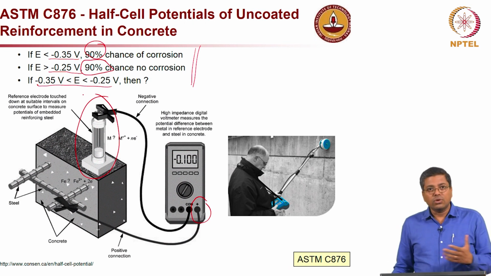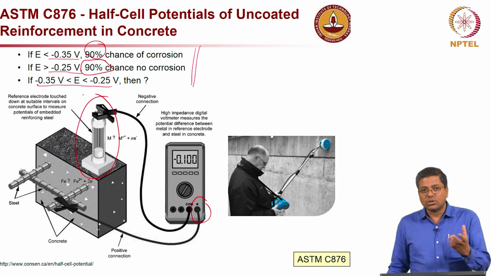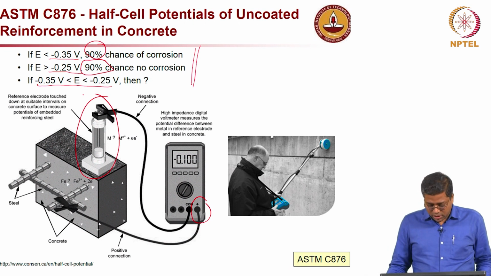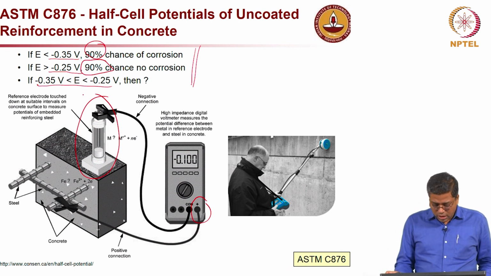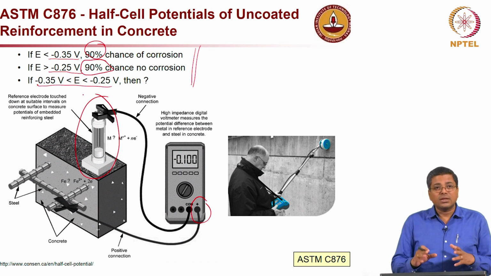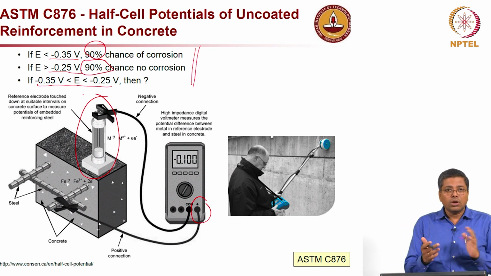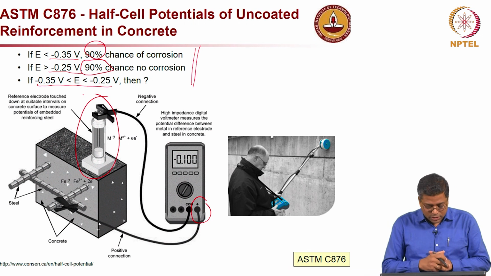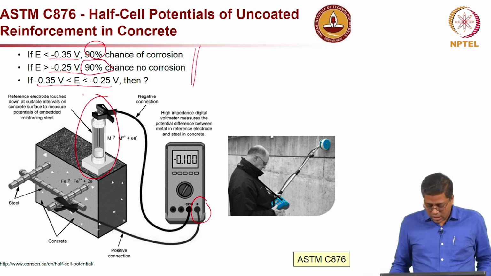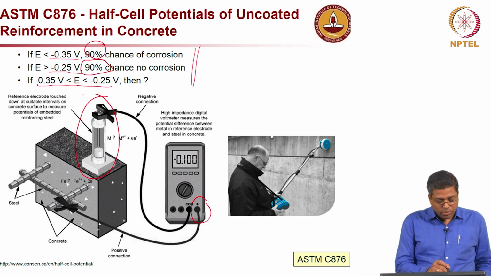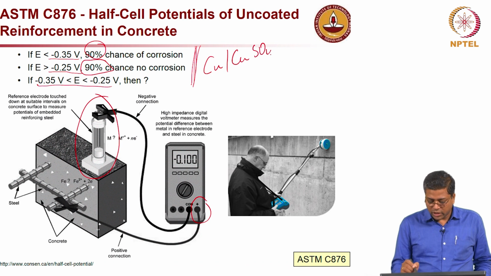So, wherever you take this particular electrode, the electrode has a particular potential. That is the whole idea. It does not matter which electrode you use, all you have to do is make the corresponding adjustment. So, you have to see what electrode. Mostly people use the copper sulphate electrode, and these numbers are actually based on copper sulphate electrodes.